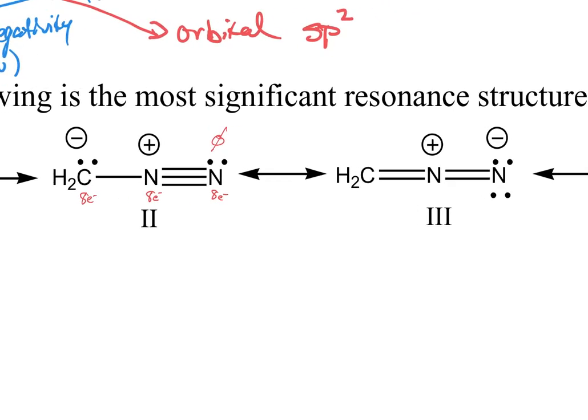Now, for the next one, we've got 1, 2, 3, 4 electrons, 6, and 8. 8 electrons on the nitrogen, 2, 4, 6, 8 electrons around the middle nitrogen, 2 hydrogens, and the double bond gives the carbon also 8.